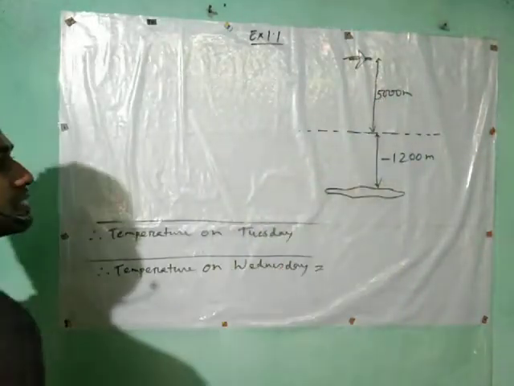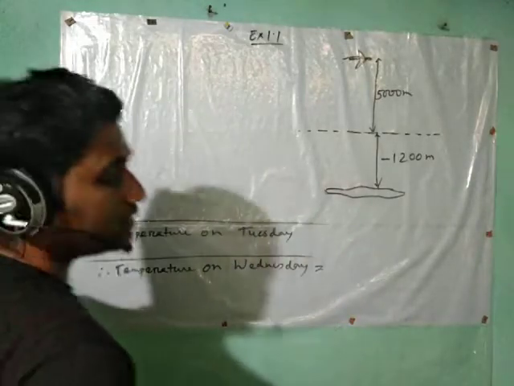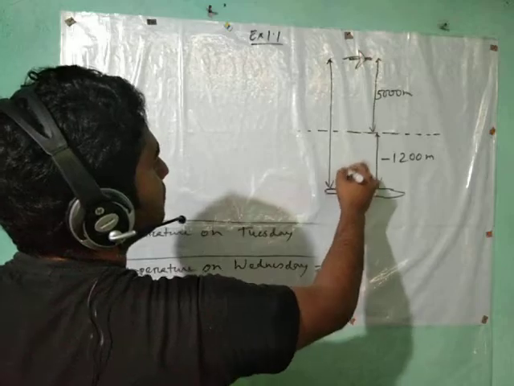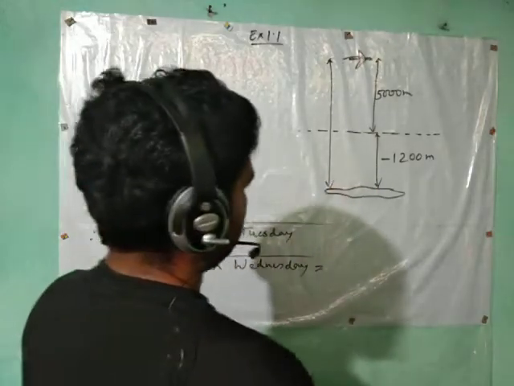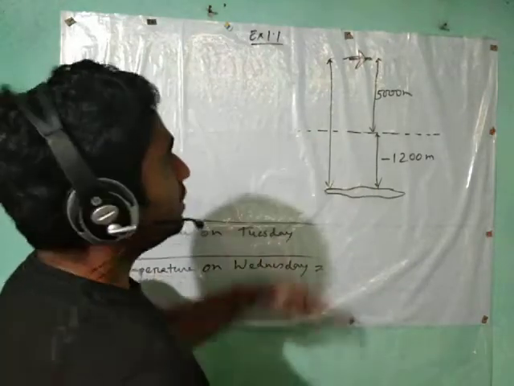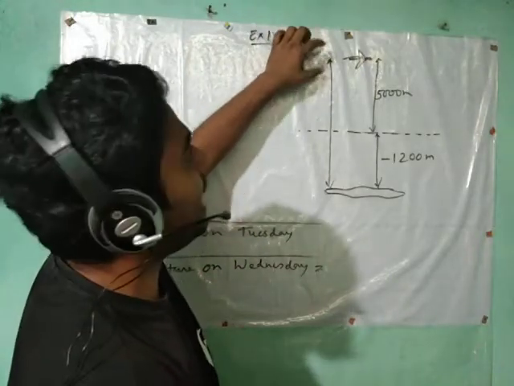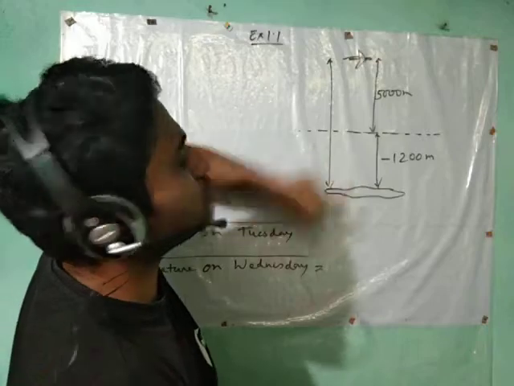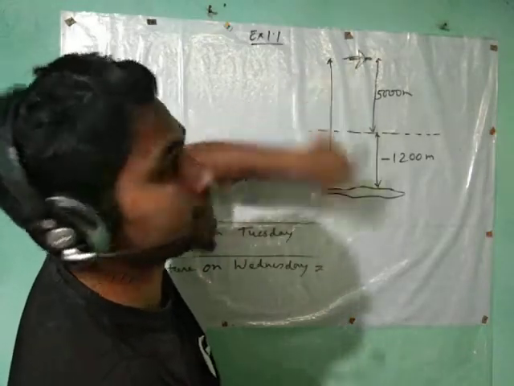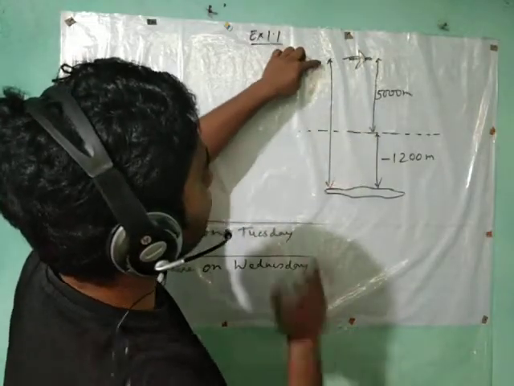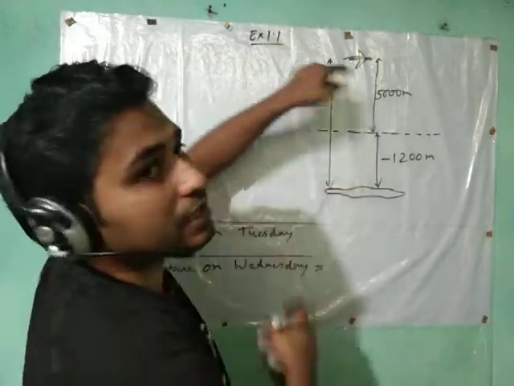So I hope now it is clear to you. Now in the question you are asked to find the distance between these two. How will you find it? See, if you take the difference between the heights of these two entities, then the gap between the two will come out.